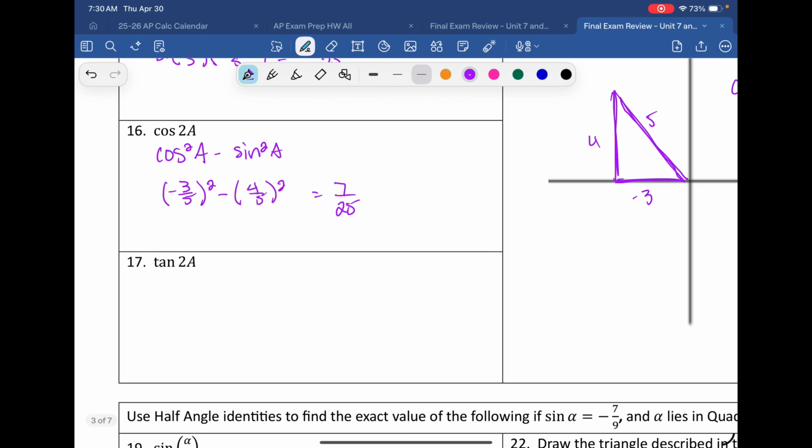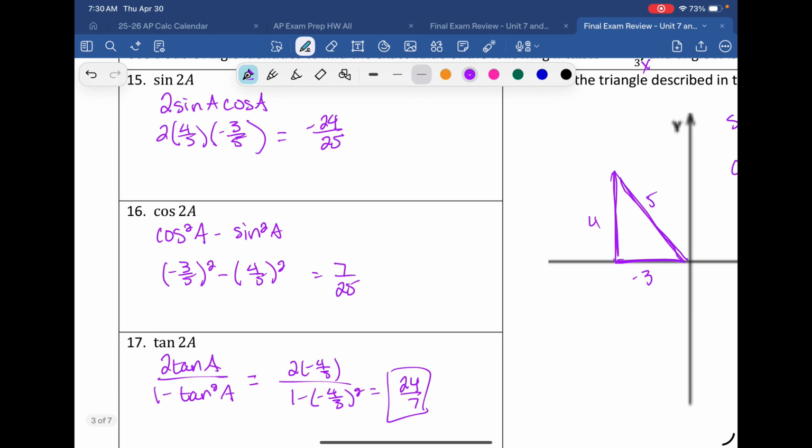And then tangent 2A. And tangent was given, so it shouldn't be a big deal to plug in. That's 24 over 7.